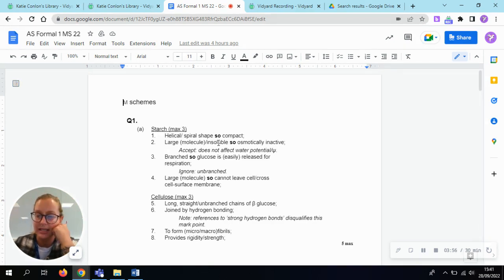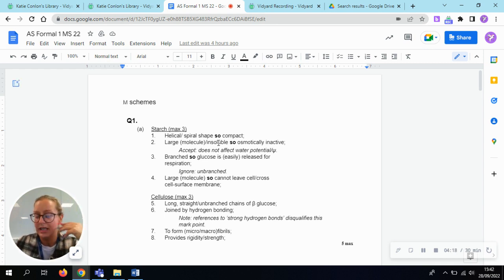So you need to tell the examiner what the fate of that glucose stored in the starch is. And last but not least, another point about starch is that it's a relatively large molecule, and so it cannot leave the cell, or you could say it cannot pass the cell surface membrane.